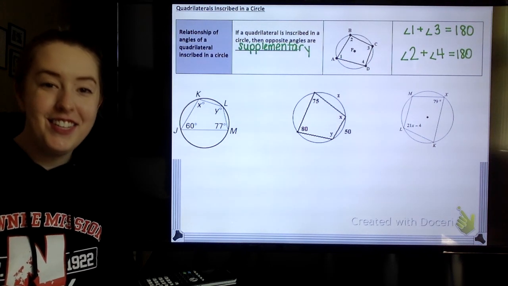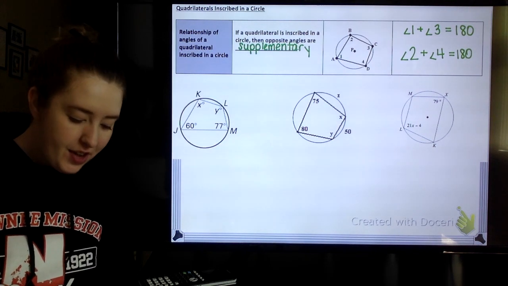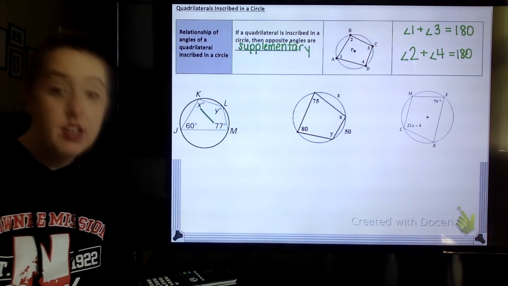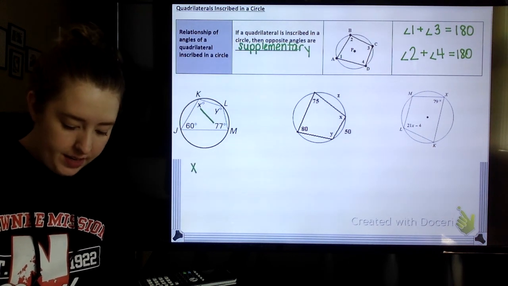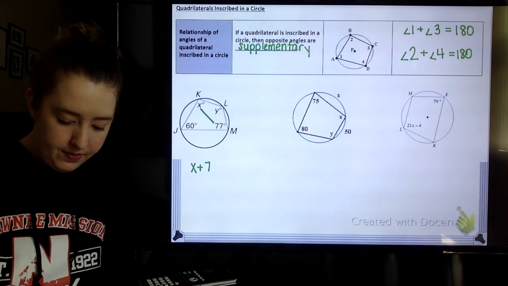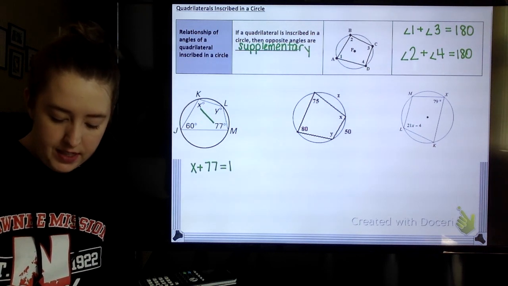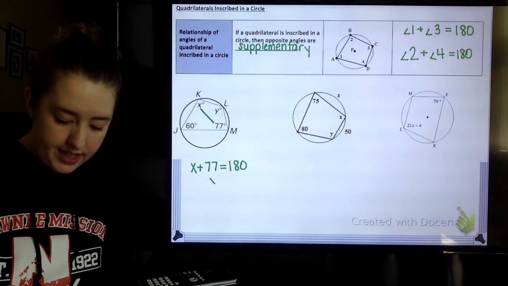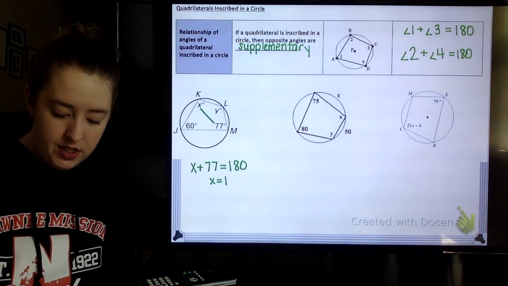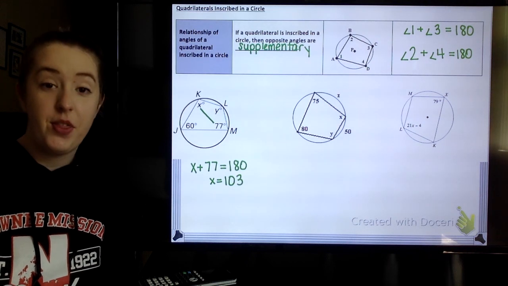Let's solve these down here. Remember, opposite means across from. So x and 77 are supplementary, so x plus 77 equals 180. We'll subtract 77 from both sides, so x equals 103.